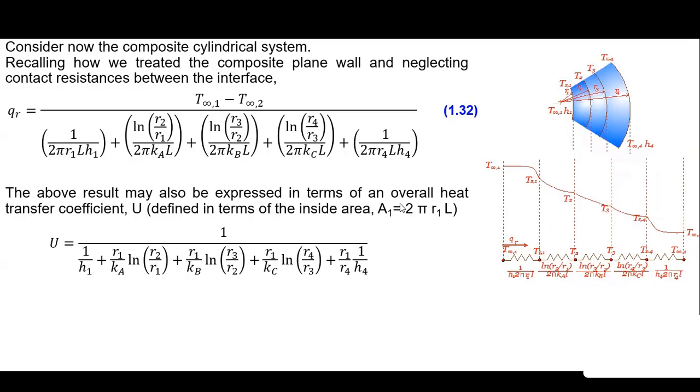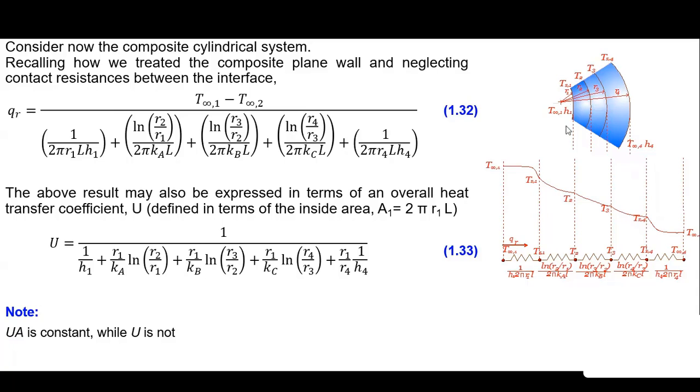See here, the overall heat transfer coefficient on the inner surface area is going to be different from that on the outer surface area, because the areas are different. Remember that UA is a constant. U into area is a constant, but U is not a constant. U is changing with respect to the area, but the product of U into the corresponding area is always constant for all the areas.